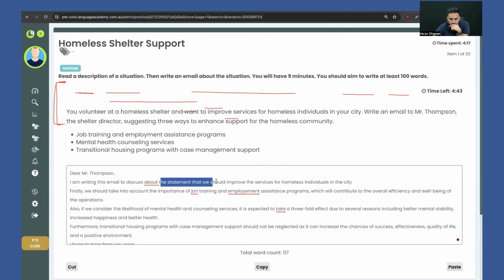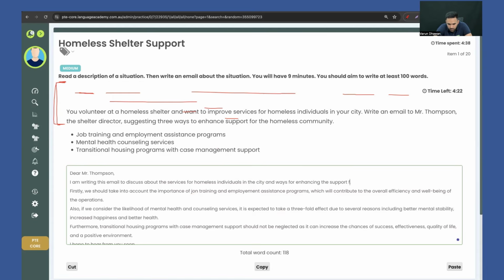If you want to make it even better, you can write it this way as well. I'm writing this email to discuss about the services for homeless individuals in the city and ways for enhancing the support for the homeless community.